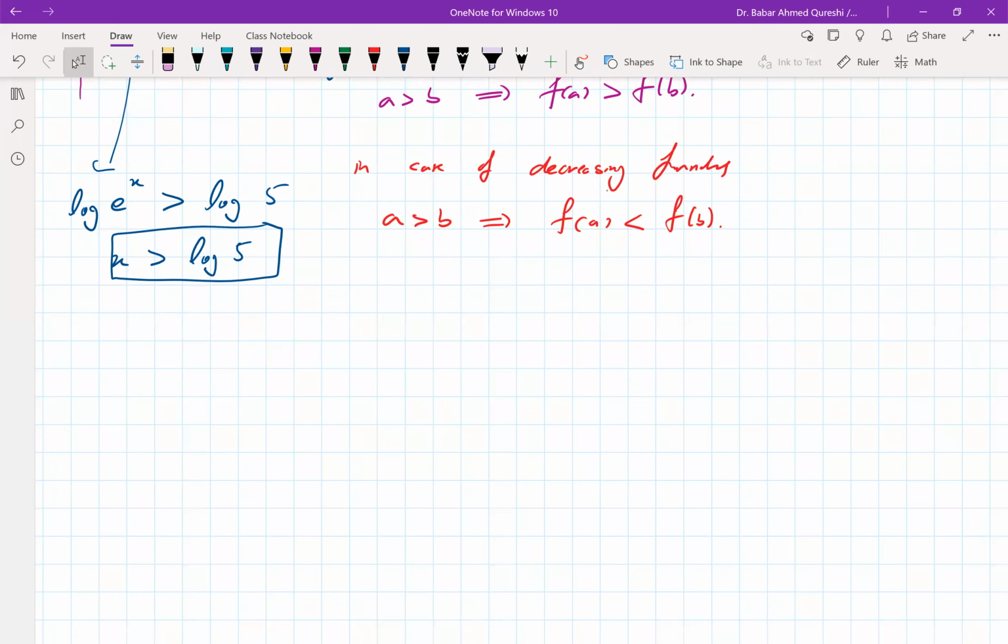Similarly, you can do this one. Let's consider this one. So I can apply the log.